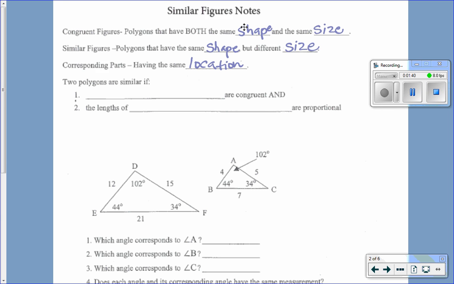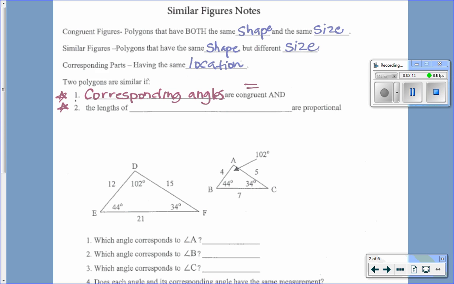We're good? Okay. Now, this is really important. You might want to star these two. You'll see questions asked about this maybe on a quiz or a test. So you need to get these two important things down. Corresponding angles are congruent. What's congruent mean? They're the same, they are equal.